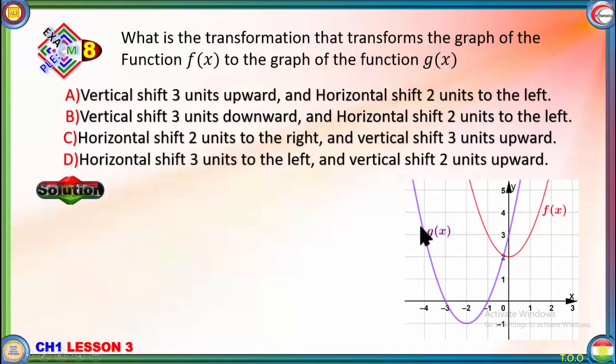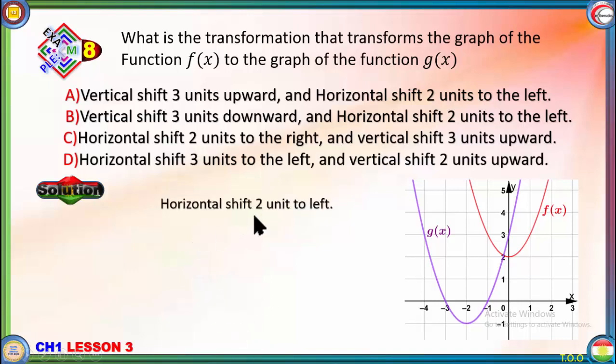But the graph of g(x) is to the left side of the graph of f(x). Therefore, we must move it to the left. And g(x) is below f(x), and we must move it down. That means we have two transformations. One of them is left and the other is downward.